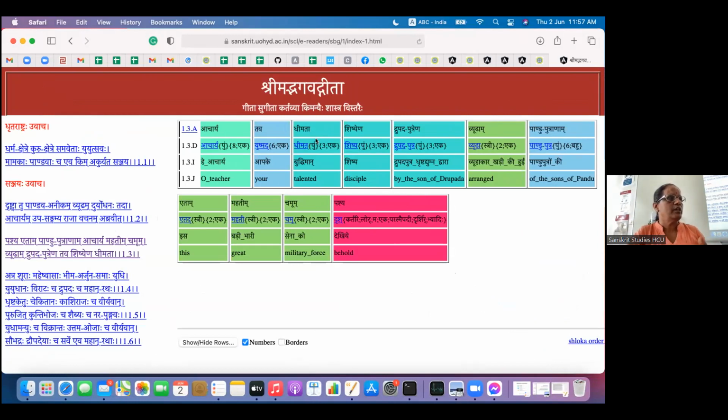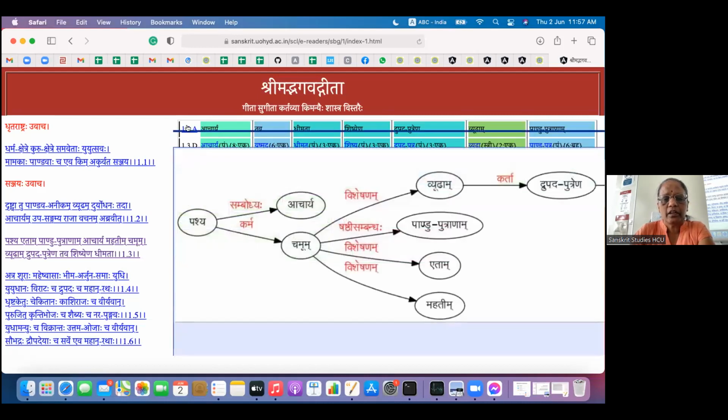So now the student knows how this shloka is to be understood. If he is competent enough, he will understand this prose word order. If he is not, he can bring the cursor over here and he gets the complete dependency tree, which tells you how the words are related, what the relation is, etc. And from that, he can understand it further.